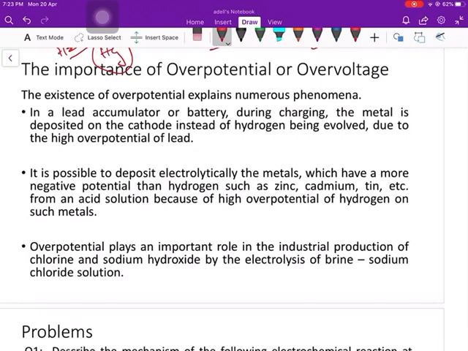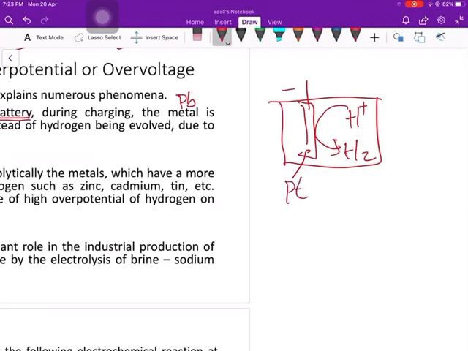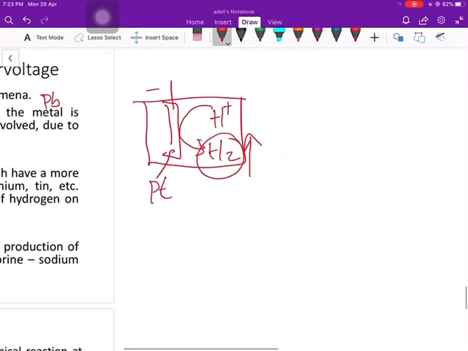The presence of this overpotential will explain numerous phenomena. For example, in a lead acid battery during charging, the metal, which is lead, is deposited instead of hydrogen. So at the cathode in an acid battery, which is negative, because it contains sulfuric acid, if the battery contained platinum as the cathode, the evolution of hydrogen would be vigorously formed.